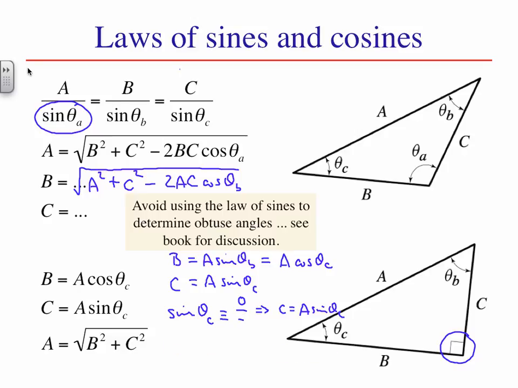These results are also consistent with the Pythagorean theorem, since B squared plus C squared would be equal to A squared times the quantity cosine squared theta C plus sine squared theta C. And this is identically equal to 1. So we have B squared plus C squared equals A squared.